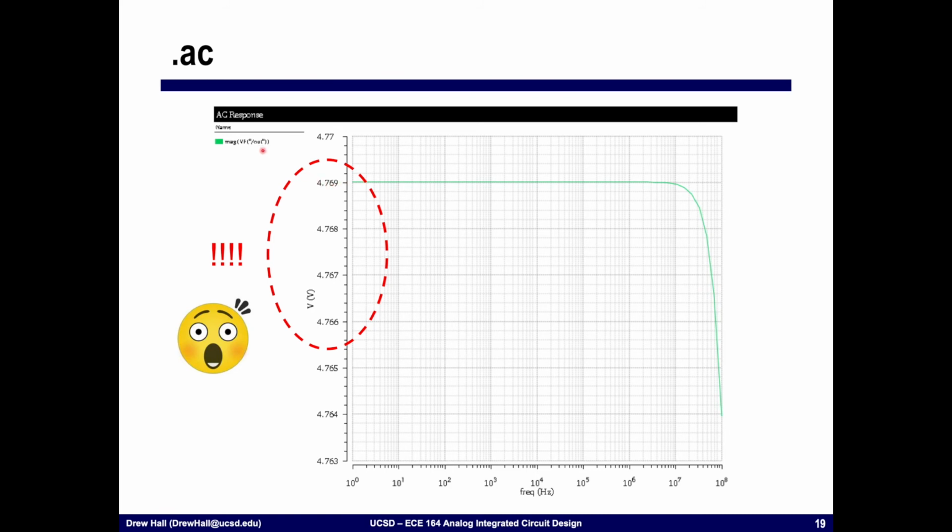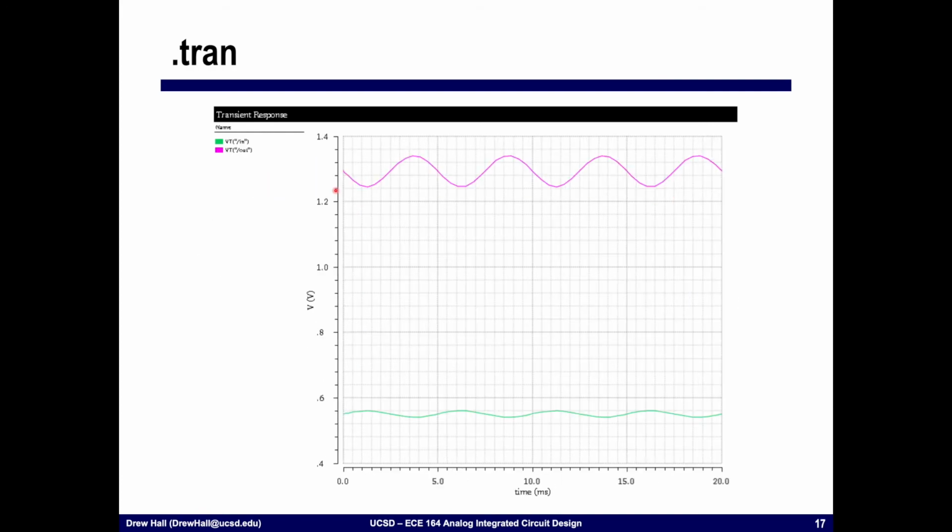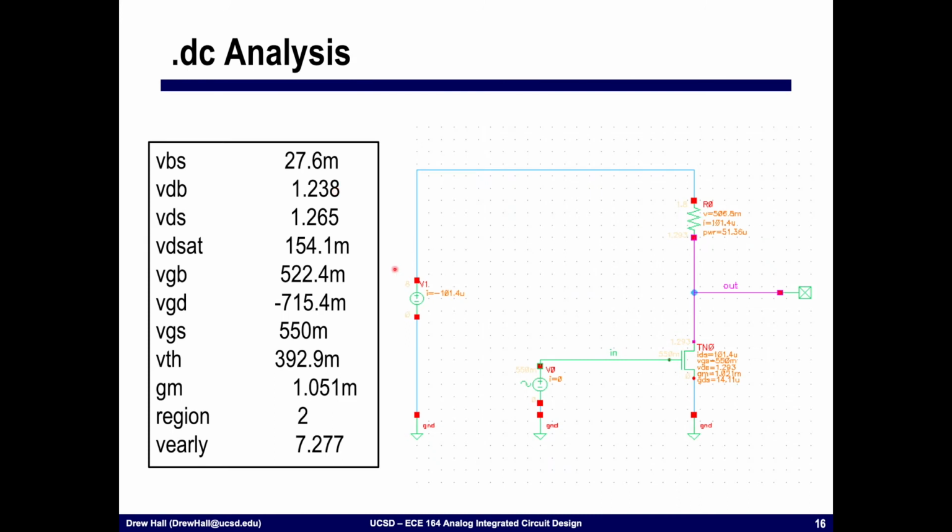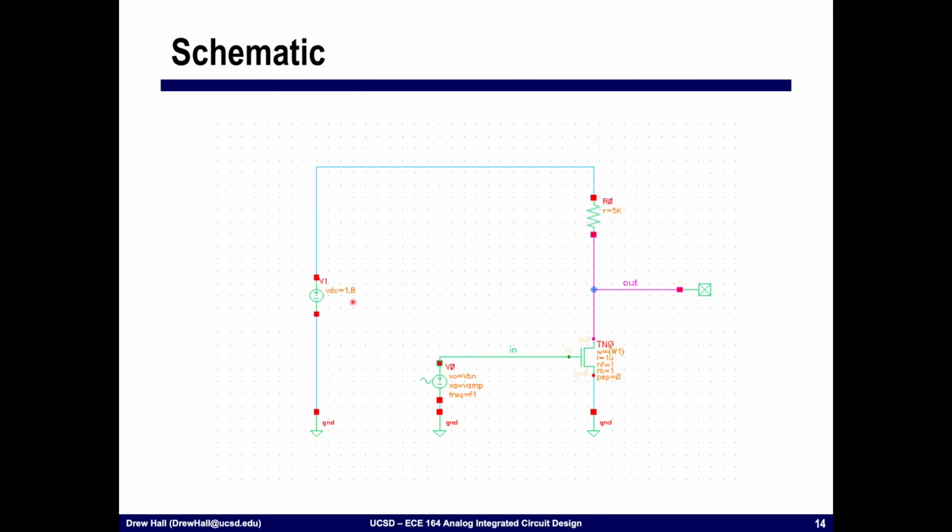How could this possibly be, given that I have a supply voltage in my simulation right here of 1.8 volts? So somehow in my AC simulation, this voltage can go up to 4.7 volts. Or at least that's what the simulation is telling me.